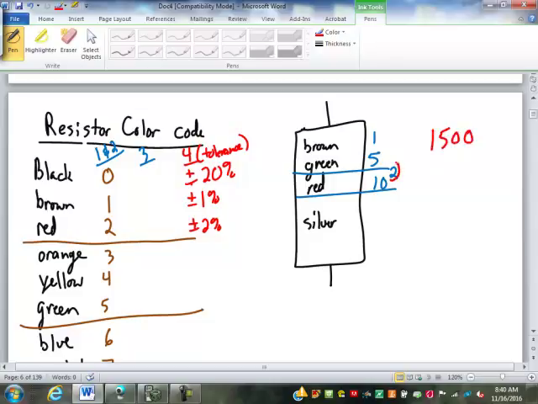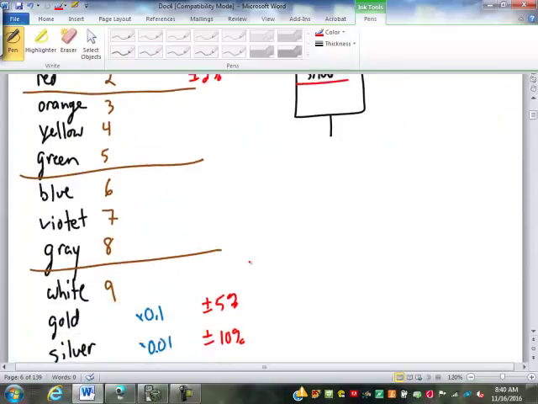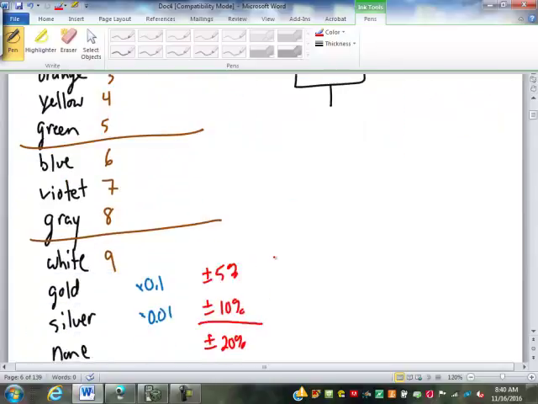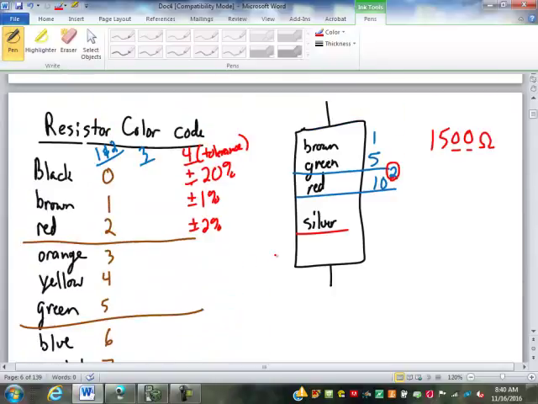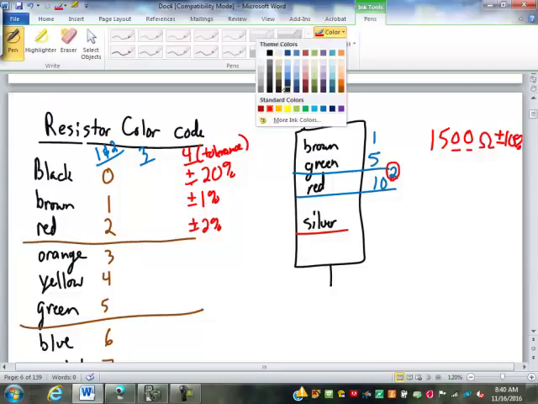The other thing you can do is you just say the 2 is the number of zeros you got to put at the end of your number. Of course, that unit is ohms. And what does silver stand for? Plus or minus 10%. So that is a plus or minus 10% for a relative allowance.